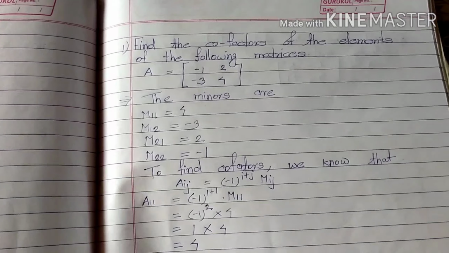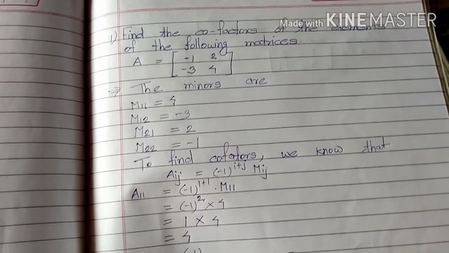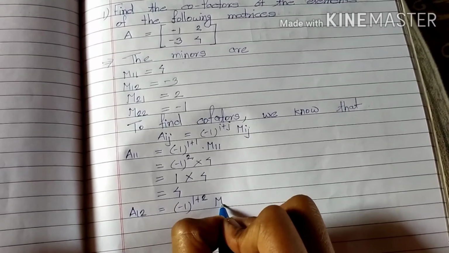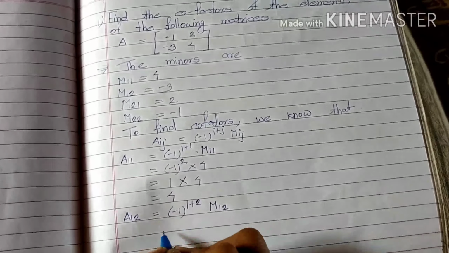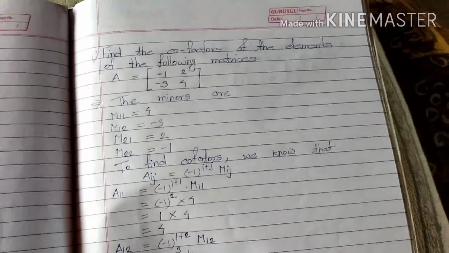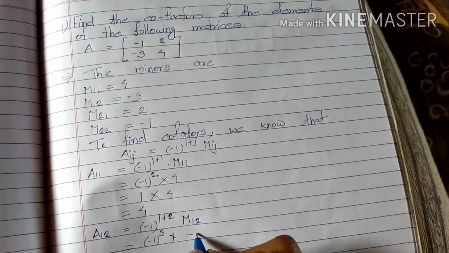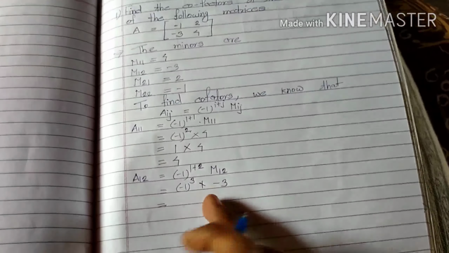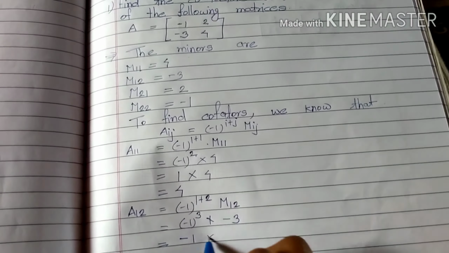Next, cube of minus 1 is minus 1 into minus 3.